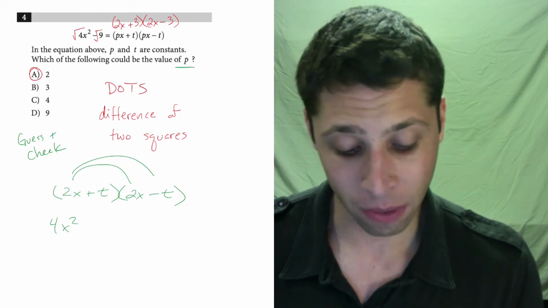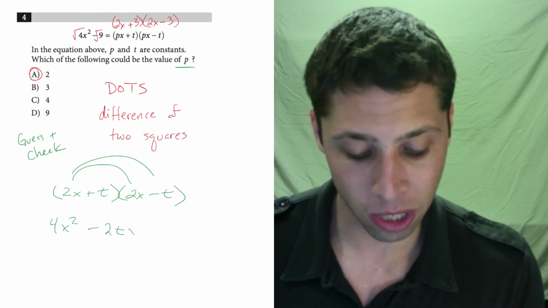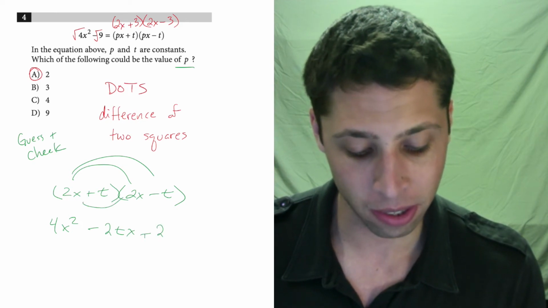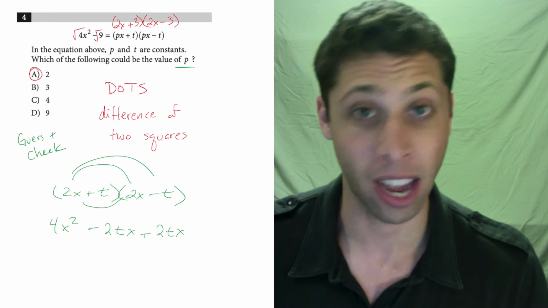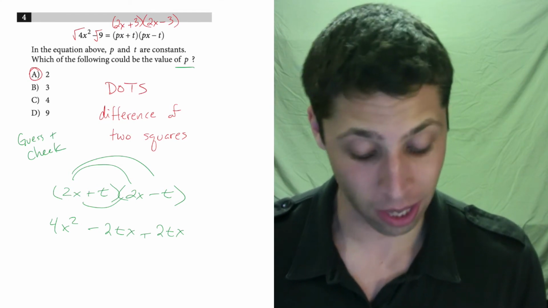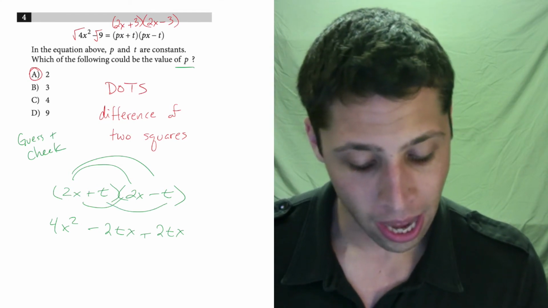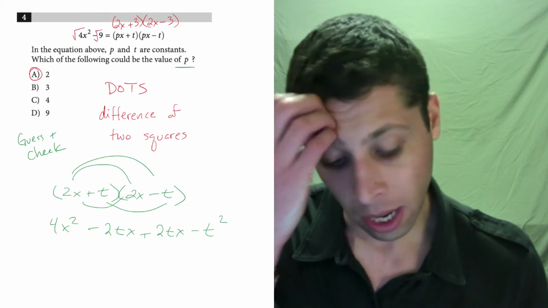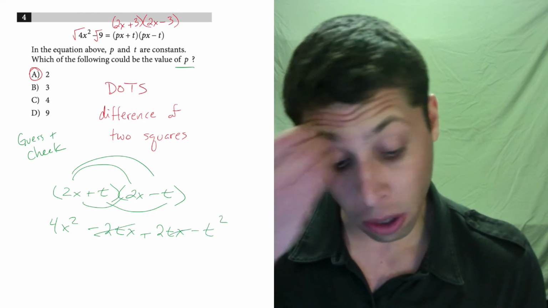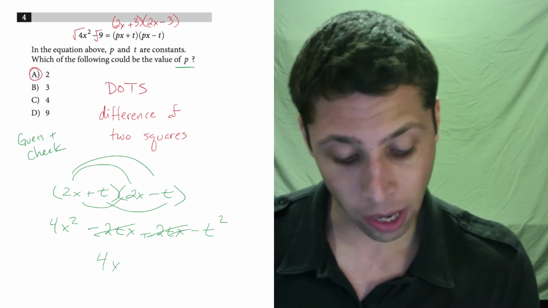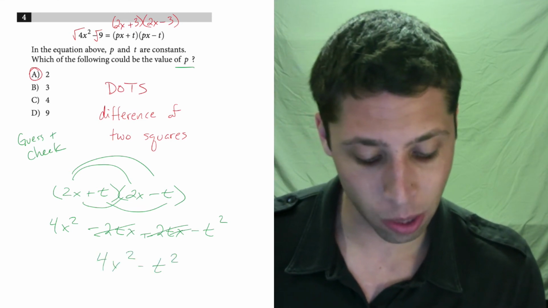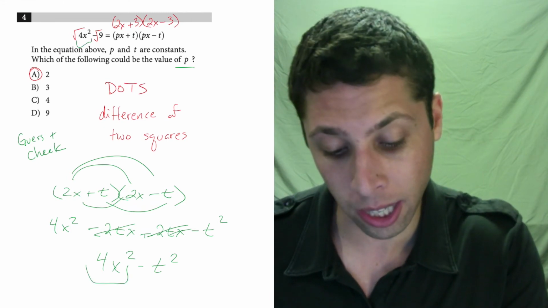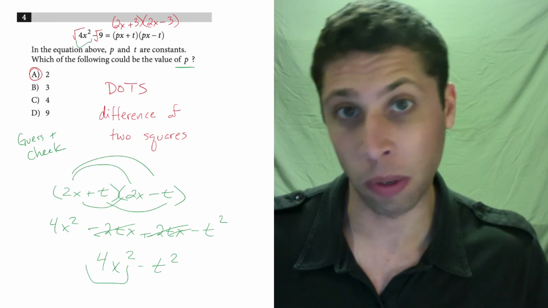This would be kind of annoying, negative 2tx, but it goes away because this is plus 2tx. That's kind of the purpose of difference of two squares factoring, is the middle terms go away, and then that leaves us with negative t squared. And so these go, leaving us 4x squared minus t squared, and then hopefully you're like, oh, okay, 4x squared, that's what I wanted, so it must be right.